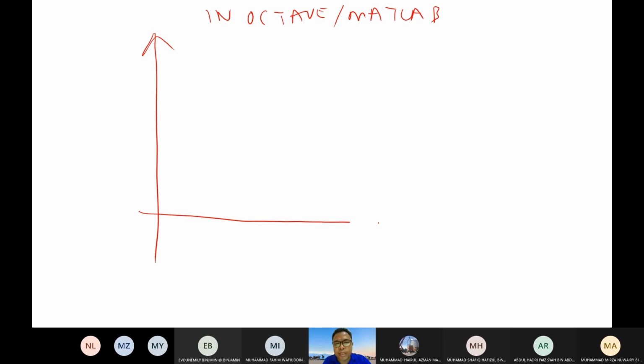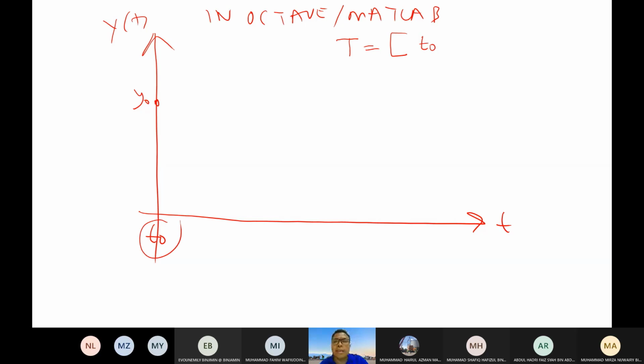Okay, in Octave and in MATLAB, we have a bit of a problem to determine the solution. See carefully. Your solution will start from T0 and Y0. So if I put it in the form of a matrix, let's say matrix T, the starting entry will be T0, and my solution of Y will be Y0.